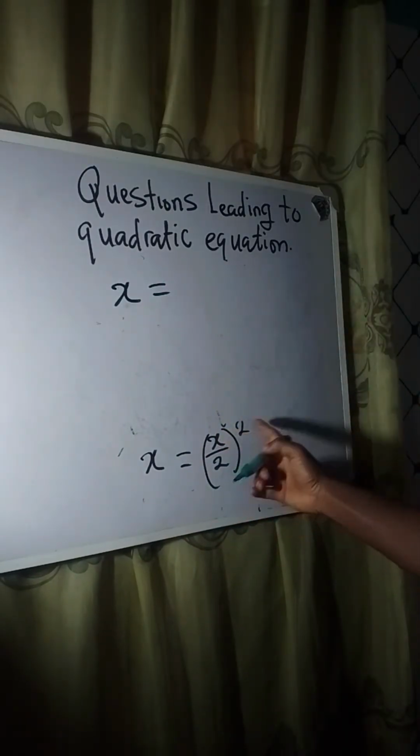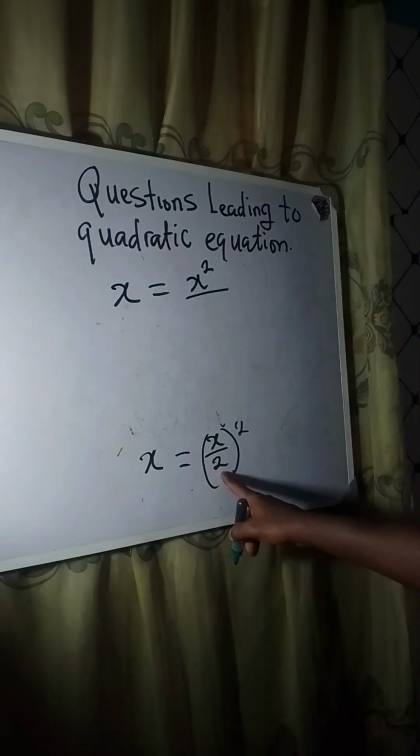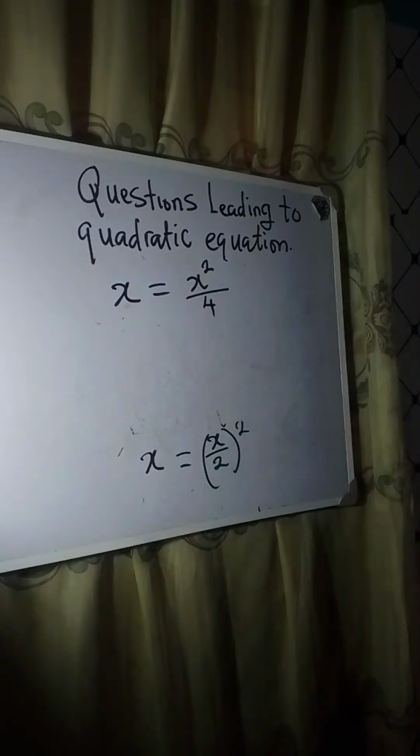Then here we have x squared, then over 2 squared, and that will give 4. So we can see that it's already leading to a quadratic equation. As a matter of fact, what we have right there is now a quadratic equation. So let's solve it.